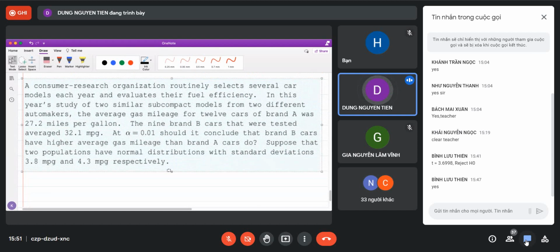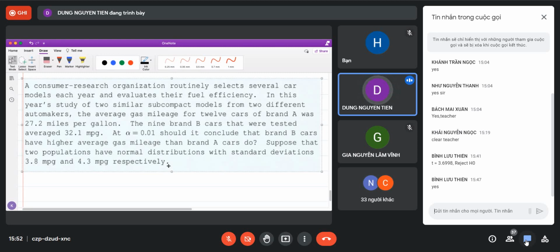In this year's study of two similar subcompact models from two different automakers, the average gas mileage for 12 cars of brand A was 27.2 miles per gallon, and 9 brand B cars that were tested averaged 32.1 miles per gallon. At 1%, should it conclude that brand B cars have higher average gas mileage than brand A cars do? Suppose that the two populations have normal distributions with standard deviations 3.8 and 4.3 respectively.